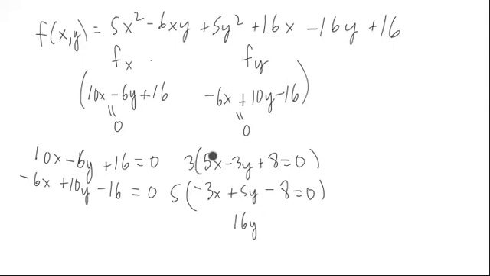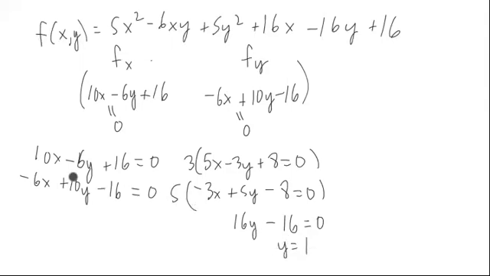Then we multiply 3 times 8 and 5 times minus 8. That gives you 24 minus 40, which is minus 16. Minus 16 is what you get, and that's equal to 0, so we can solve it. y is going to be equal to 1.